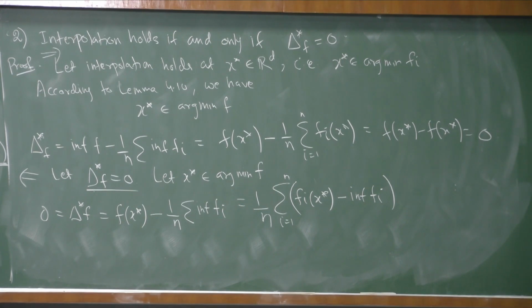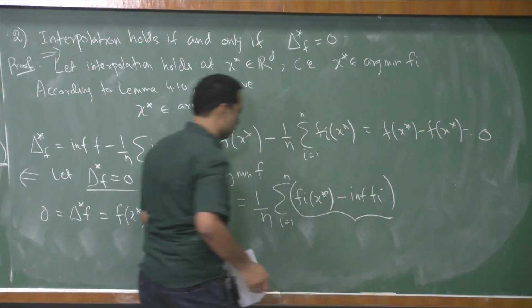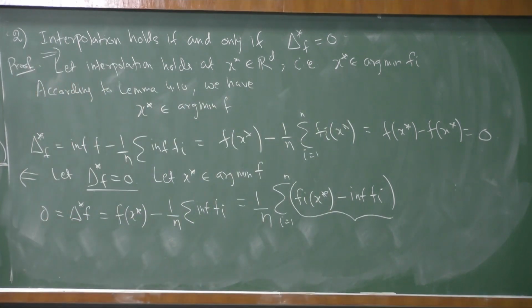So, we are given that the sum is 0, right? But what do you see about these individual terms? Are these positive, negative? What do you think? Positive, right? Sum of positive values will be 0 if individual terms are 0, right? So that's an easier argument now.